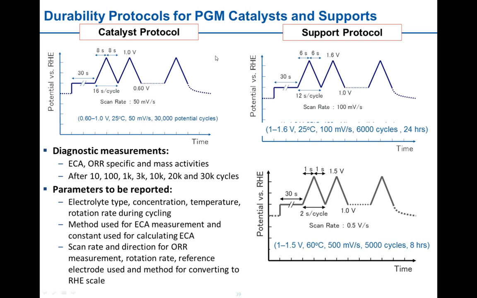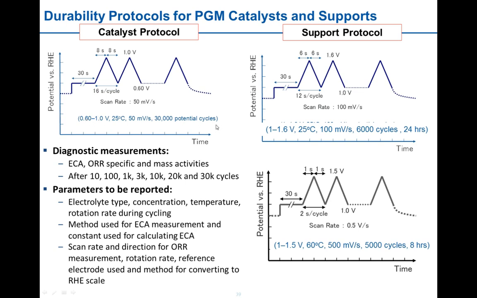So the durability working group of DOE has established several protocols for measuring both the catalyst durability and the support durability in an RDE environment. And many of these were derived from what was established by the U.S. Drive Tech team for membrane electrode assembly environments.